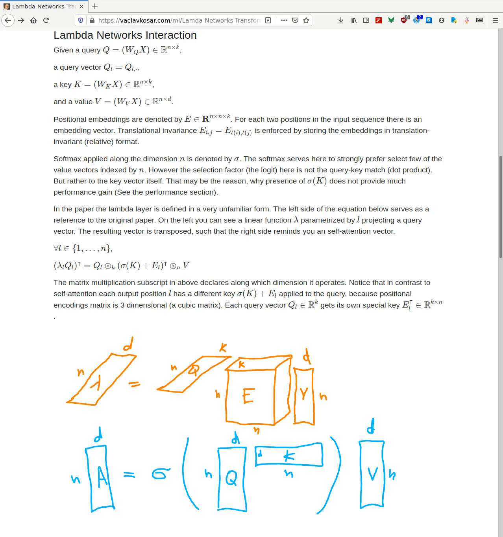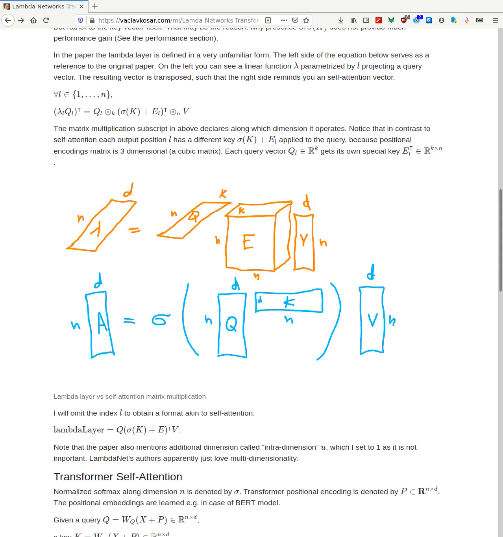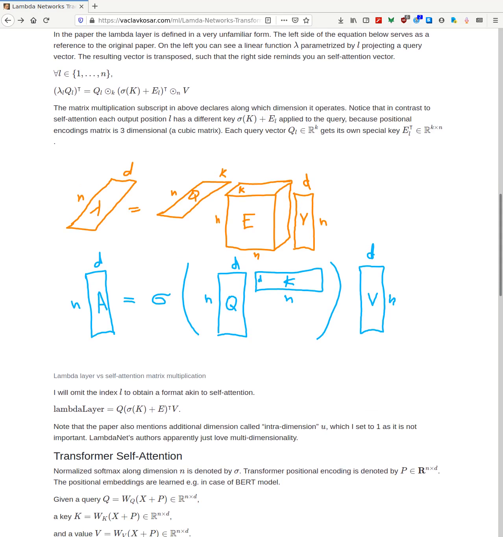We do the softmax on the key vector itself. We sort of are saying, okay, so this key needs to be heavily skewed, sort of normalized, so that it only highlights some values. And also, I think that's the reason why it doesn't contribute that much, this part. The position embeddings actually do a lot.